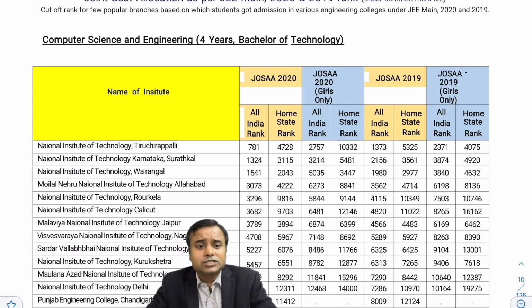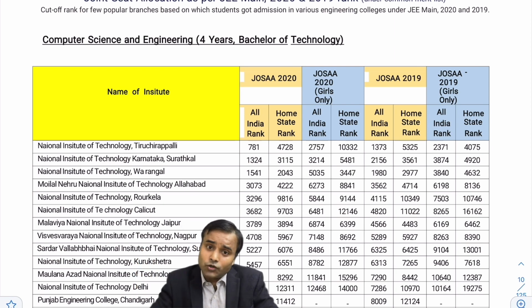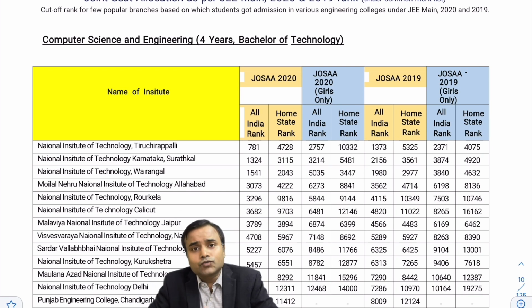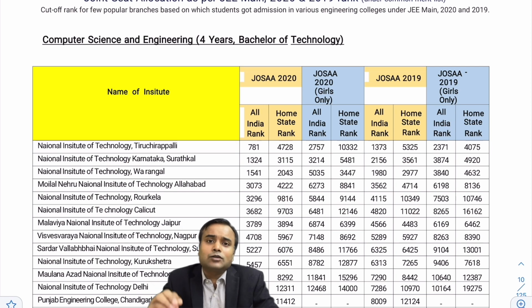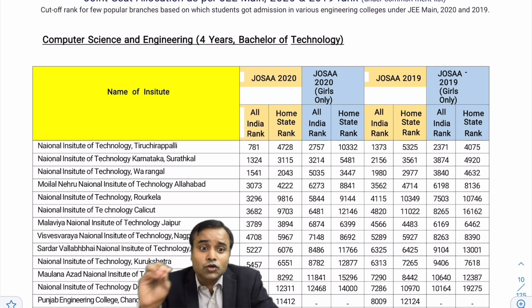Suppose that NIT Tiruchirappalli is in Tamil Nadu. A student who belongs to Tamil Nadu itself will get a home state rank of Tamil Nadu, so he can use his home state rank to take admission in NIT Tiruchi.